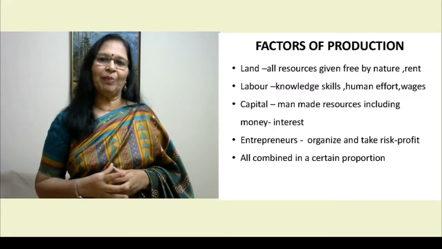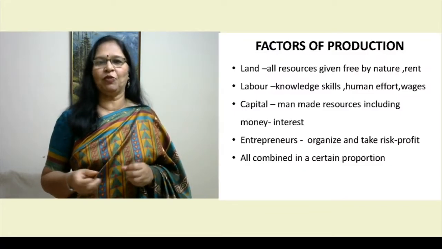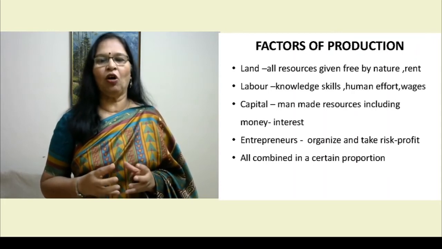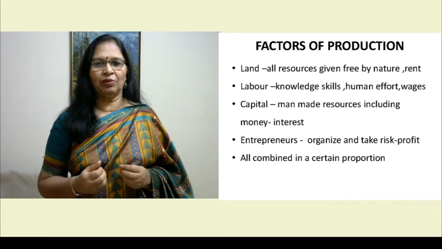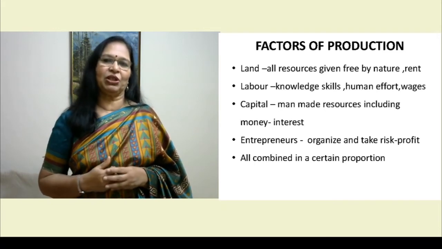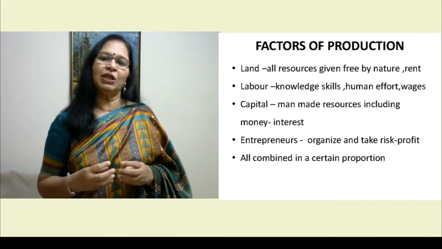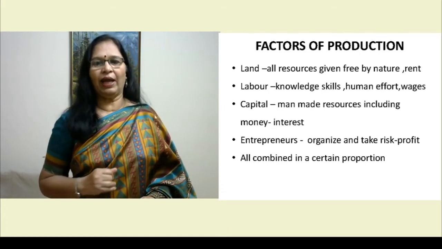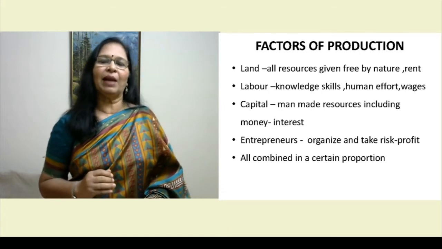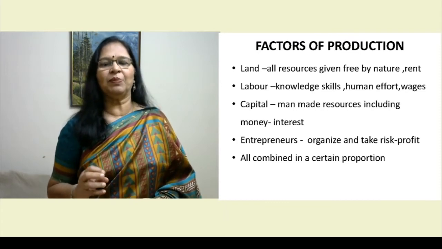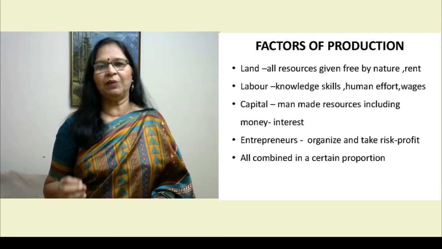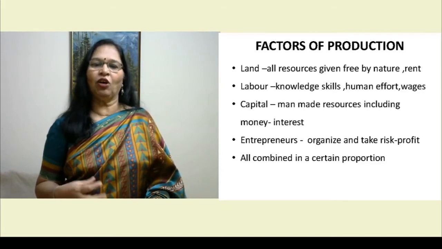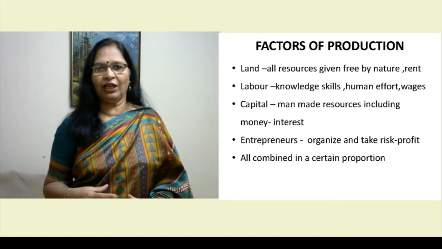We also have capital. Capital is the produced means of production, which means these units can be semi-finished or raw material which are used in the production process. So all those inputs which are used further in the production process are called capital, and the reward for capital is expressed in terms of interest. And the fourth one is called the entrepreneur or the organization.